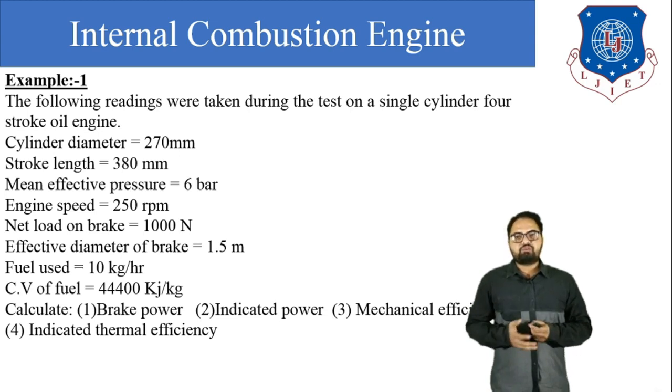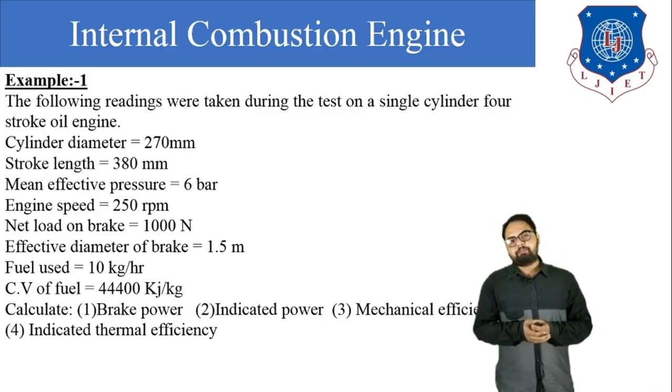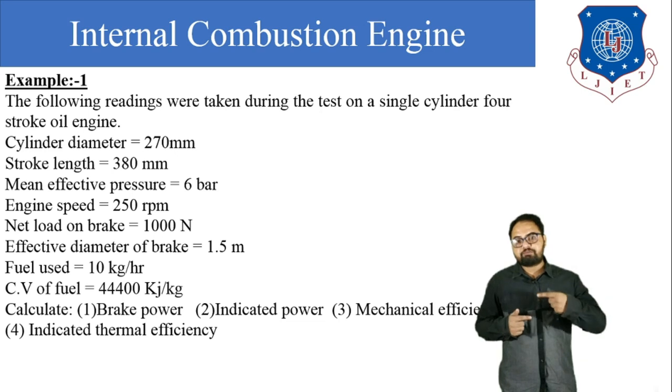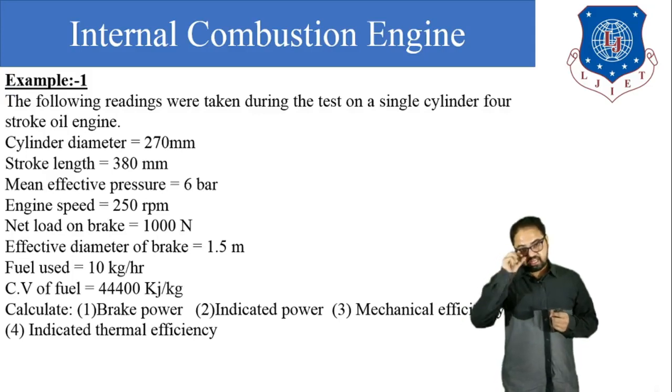First of all, we need to discuss some basic concepts. Brake power is the power available at the engine crankshaft. Indicated power means the power which is generated inside the engine cylinder.